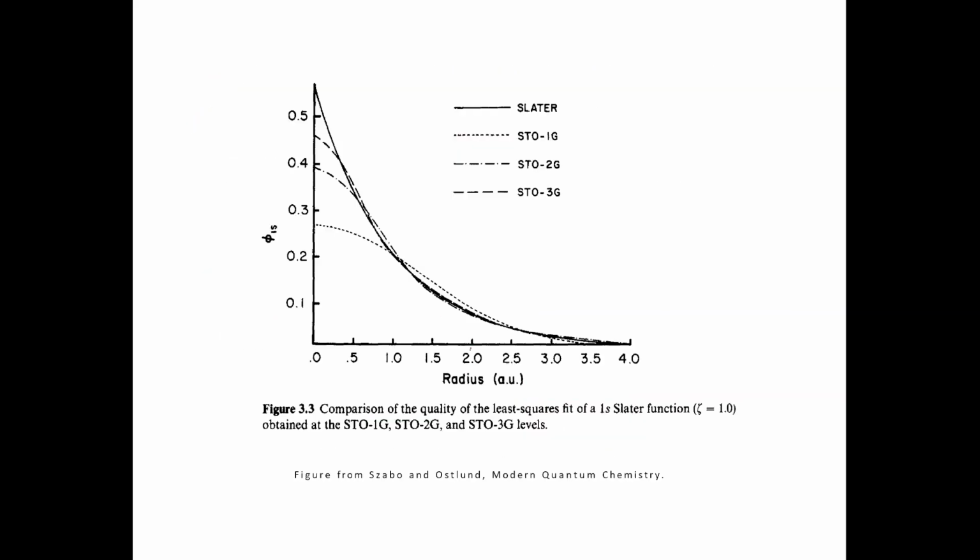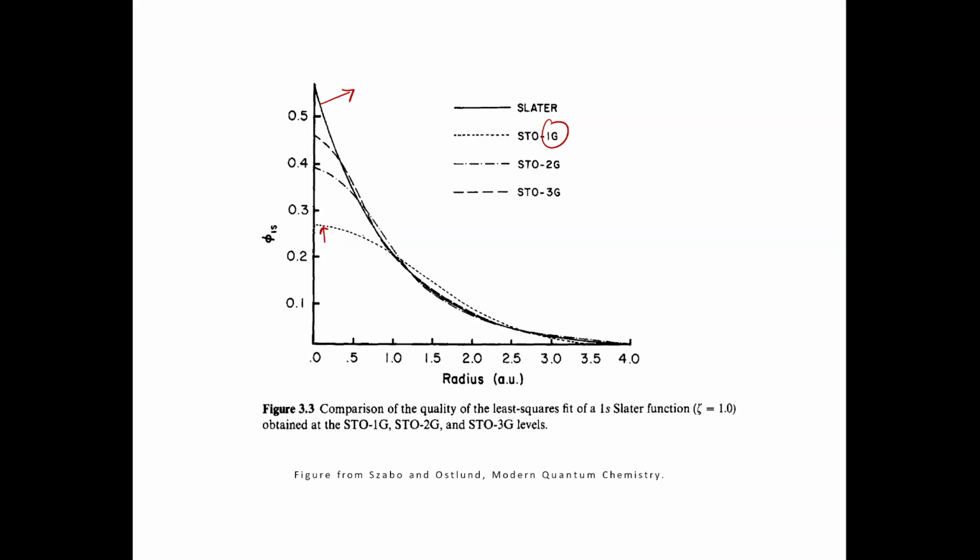Now look at this plot. The Slater is the accurate one. Now, if you take only one Gaussian, how does it look? It looks like this. In the previous slide it was mentioned that there is short range and long range behavior.